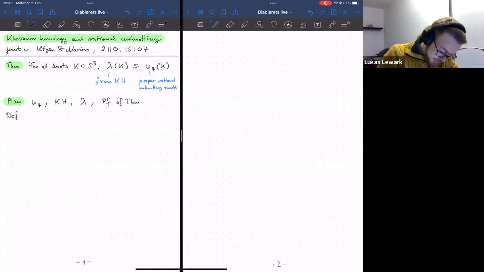So let's start with the geometric part, with this UQ thing.